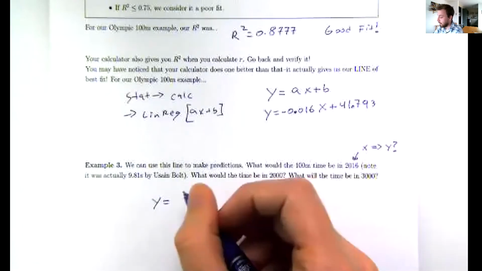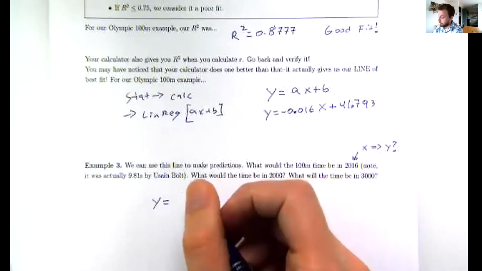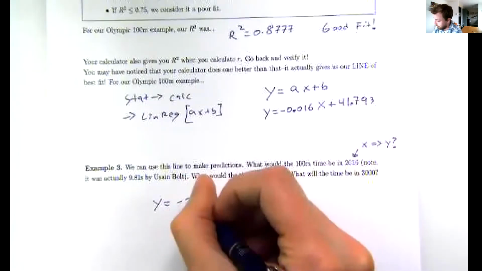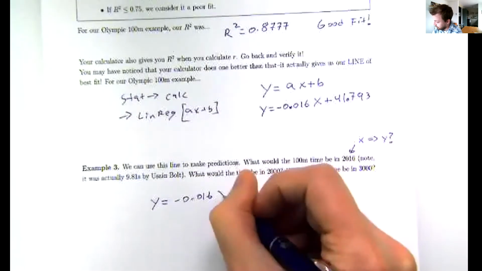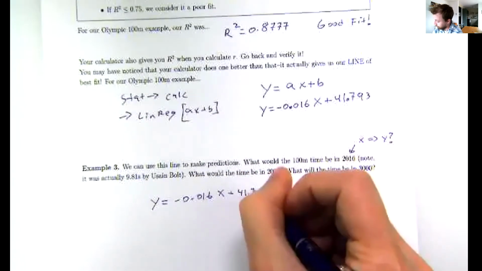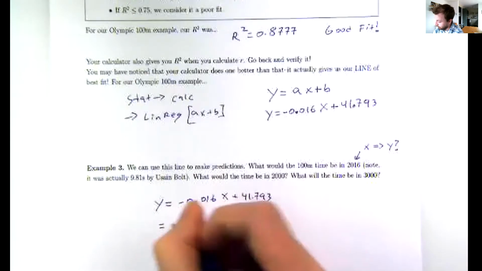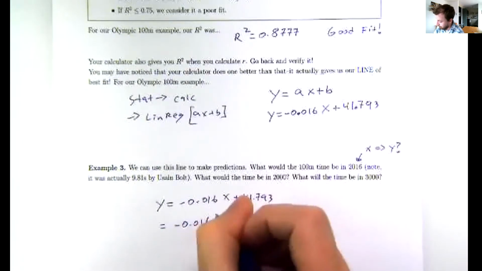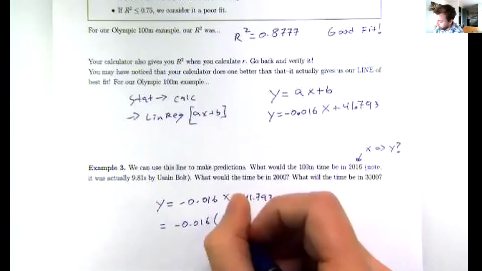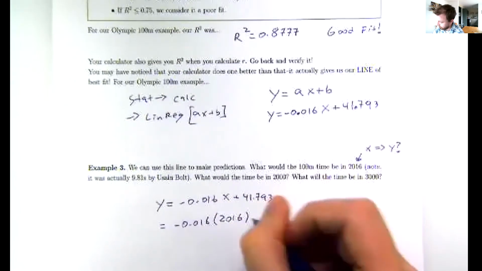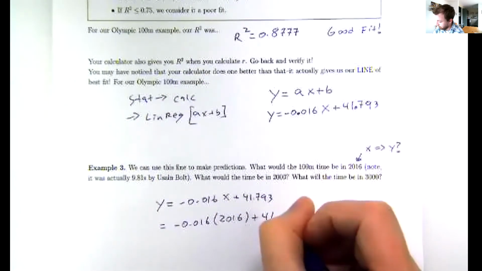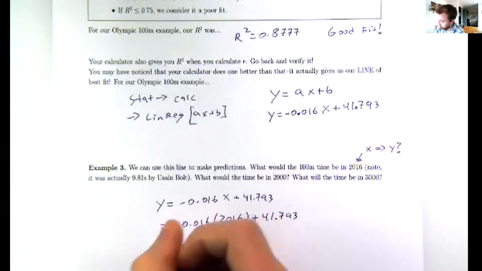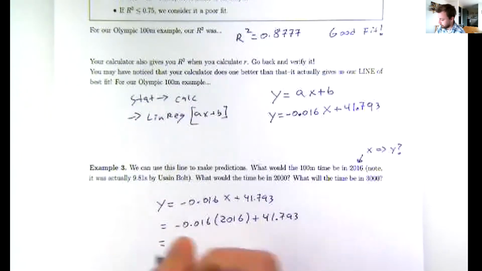So I have Y equals, I'm going to take my AX plus B formula, and I'm going to plug in my year 2016. And let's see what this spits out for us.